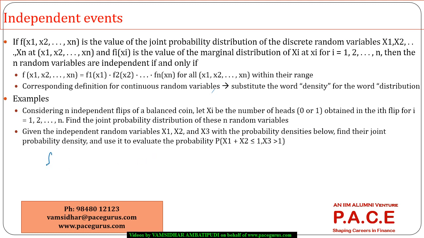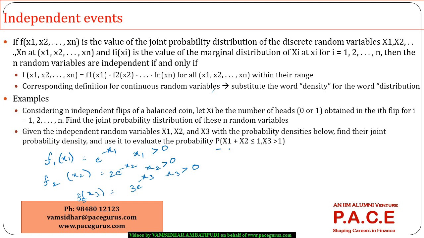I was looking at f1 of x1 to be e power minus x1, where x1 is greater than 0 and 0 otherwise. f2 of x2 is 2e power minus x2, where x2 is greater than 0 and 0 otherwise. f3 of x3, I am taking it as 3e power minus x3, where x3 is greater than 0. I want to find out the probability that x1 plus x2 is less than or equal to 1, comma x3 is greater than 1.